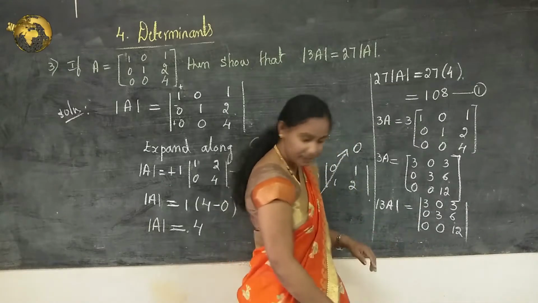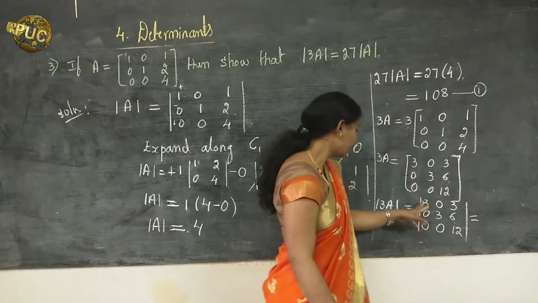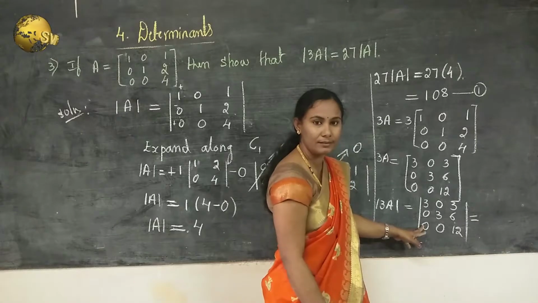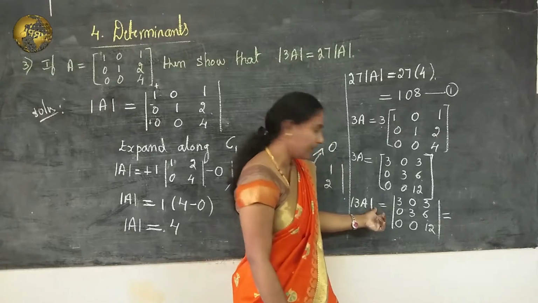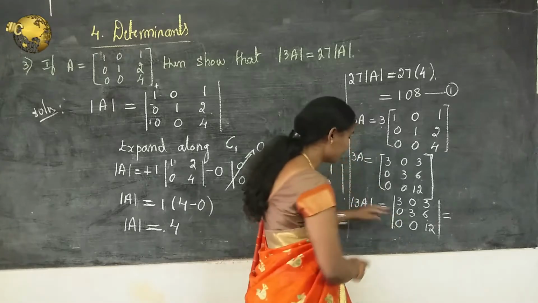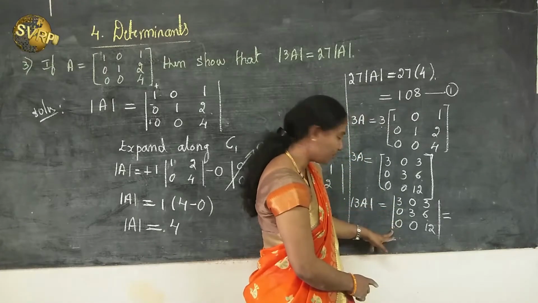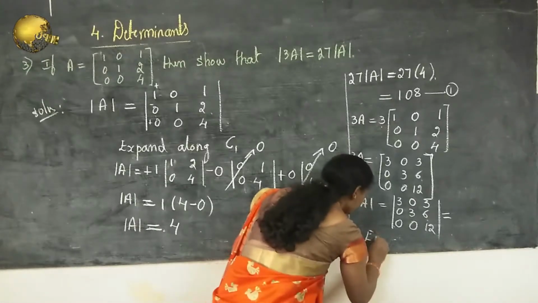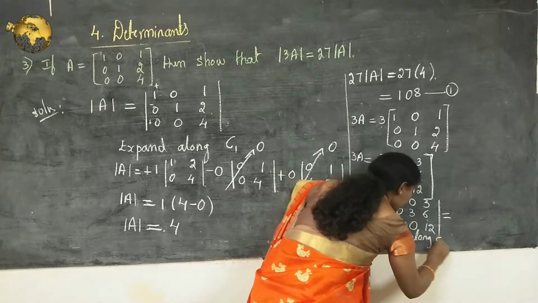See here, there are more zeros again in column 1. So we have to find the value of this determinant 3A. I will expand either along column 1 or row 3. As usual, I expand along column 1, C1.